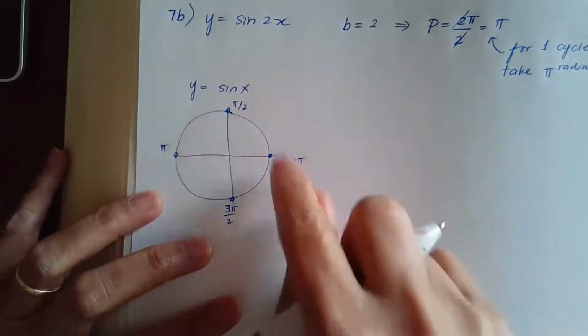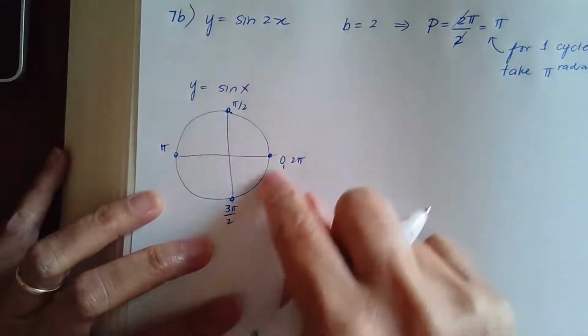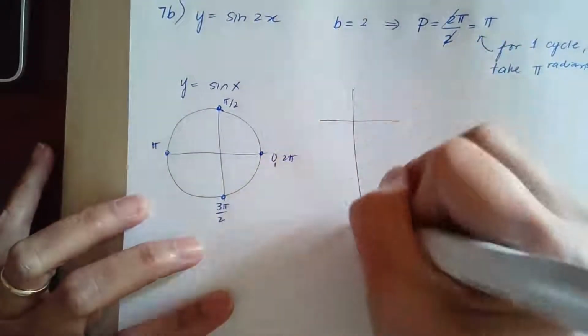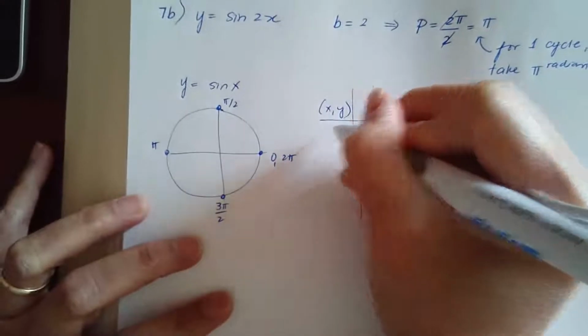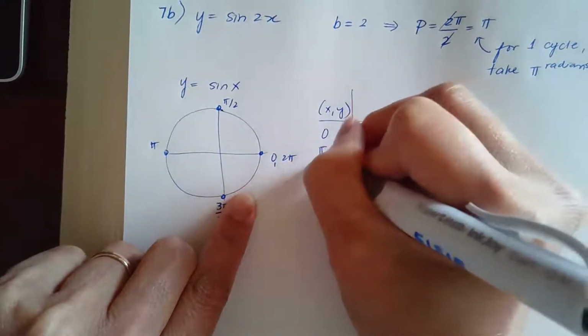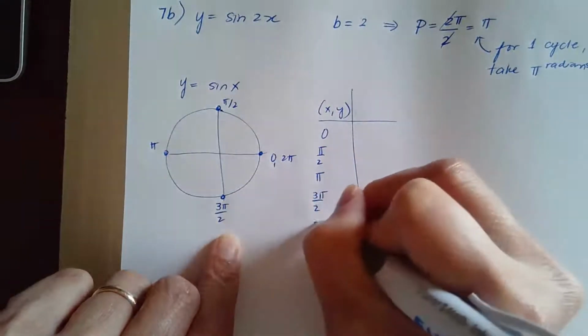Sine values are the y values of the coordinates on the unit circle. So for our x and y, we're going to go with the angles first: 0, pi halves, pi, 3 pi halves, and then back to 2 pi.